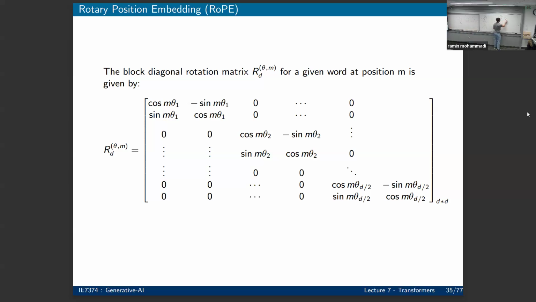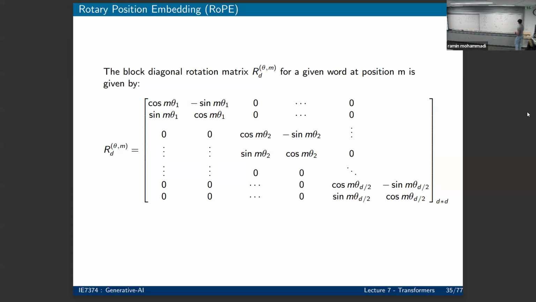So why do we get D by D, why is it squared? Because for every pair, you multiply it by a 2 by 2 matrix. So D over 2 blocks of 2 by 2 goes back to the same dimension, and becomes D by D this time, right? So this becomes the 2 by 2, 2 by 2, 2 by 2, all the way down.